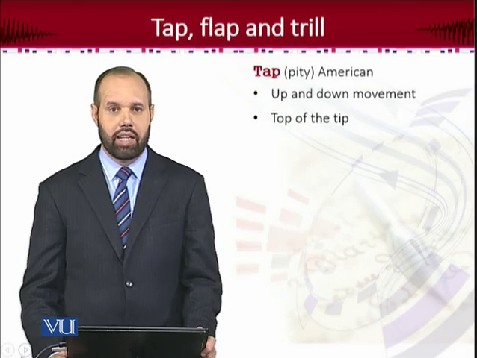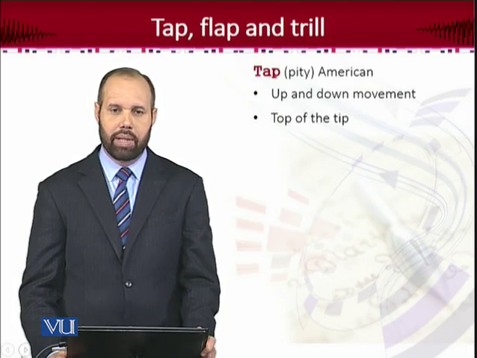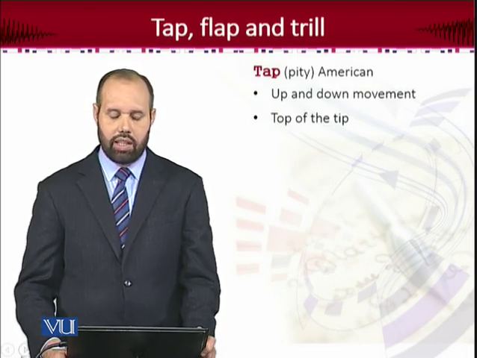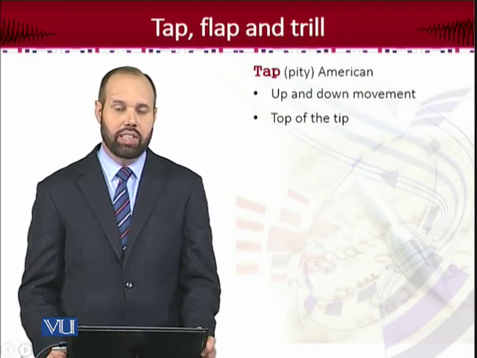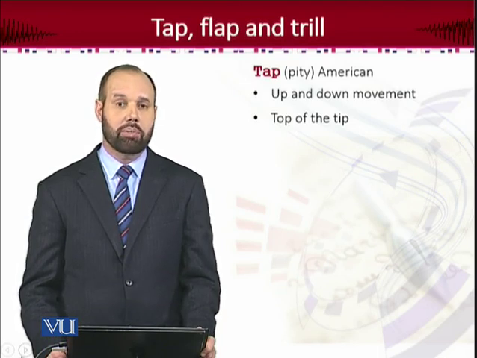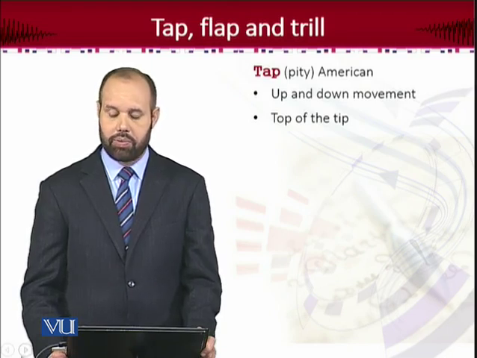So this pere is the tap sound, and another distinguishable feature of tap is that your tongue is moving up and down, right? So this is an up and down movement. You just touch the alveolar ridge with the tip of your tongue, and the result is the tap sound, right? And the tip of the tongue is used, right?